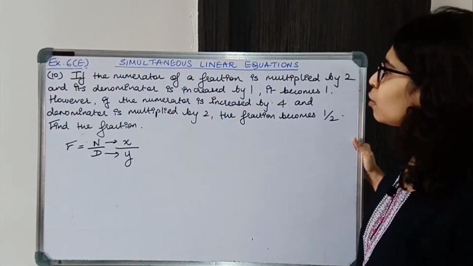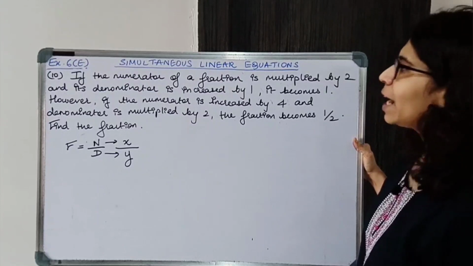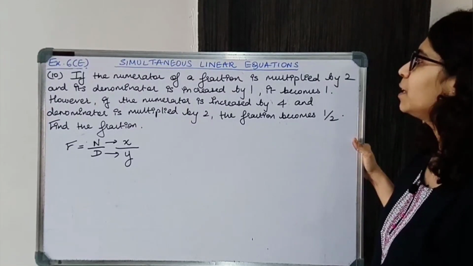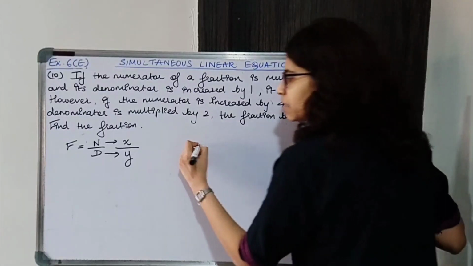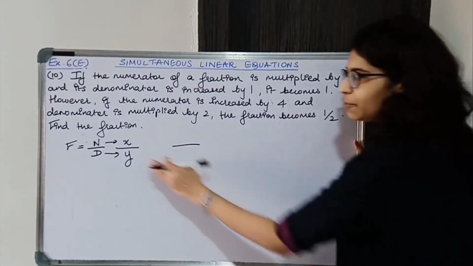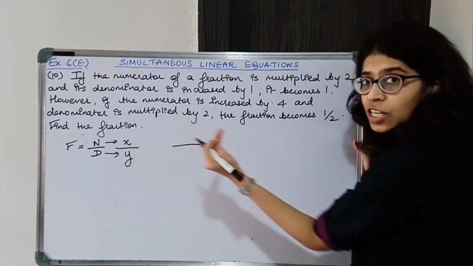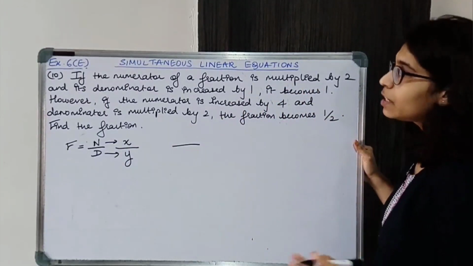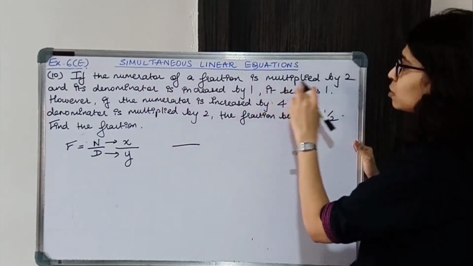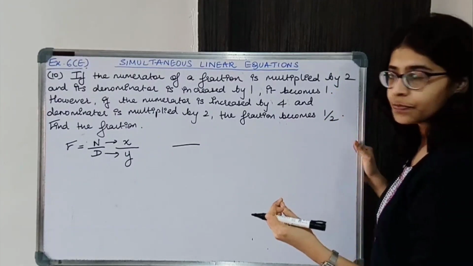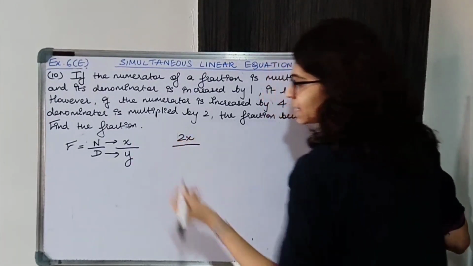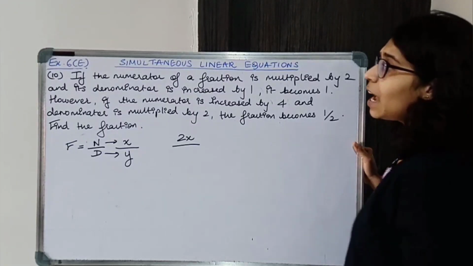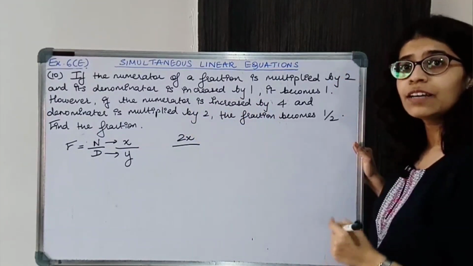If the numerator of a fraction is multiplied by 2 and its denominator is increased by 1, it becomes 1. Over here we are considering a fraction only. Yahi fraction, but we are bringing changes in the fraction. If the numerator of the fraction is multiplied by 2, numerator is x and you are multiplying by 2, so 2 into x gives 2x, and its denominator is increased by 1.